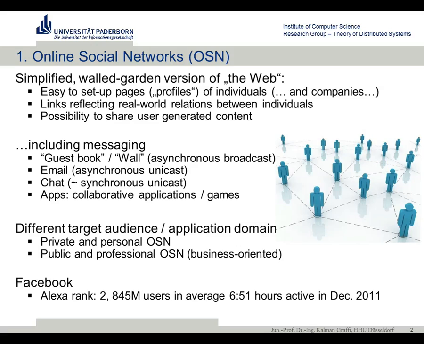The goal in enterprises, businesses and firms is to have something like a social intranet, to organize the knowledge and the people of a company in their own social network.